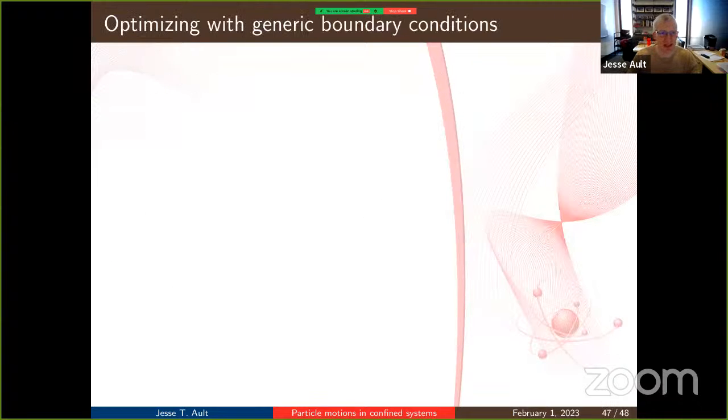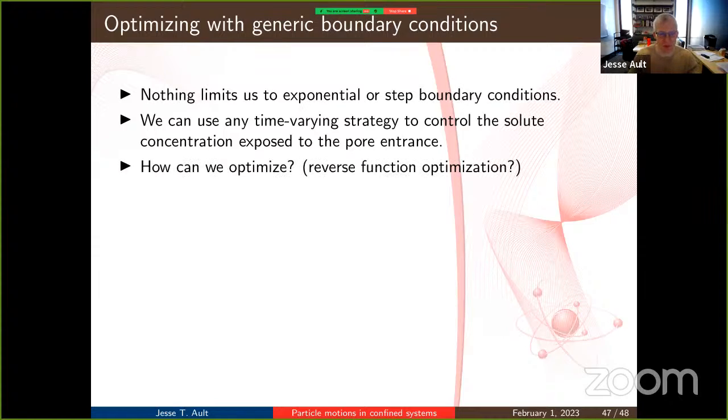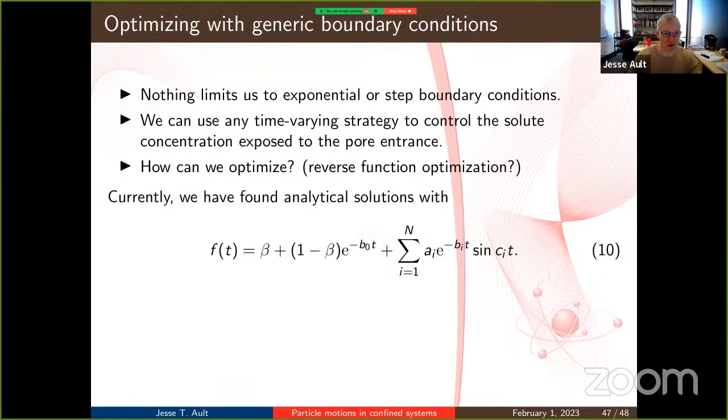The last thing I'll say is there's nothing that limits you to using an exponential or step boundary condition. Essentially what we're trying to do is a kind of reverse function optimization. We want to find some function that maximizes this withdrawal or injection efficiency. This is something that we don't really know too much about. Currently, we made a generic function that's some kind of sum of exponential and sine terms.